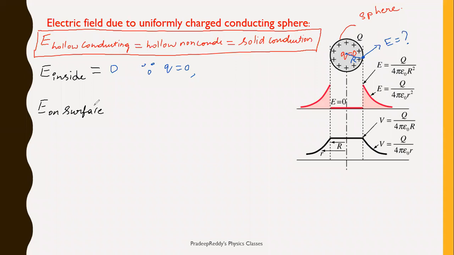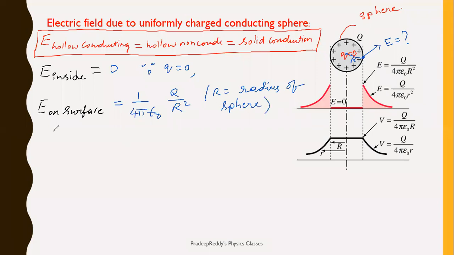Capital Q. Therefore, the equation for electric field is 1 by 4 pi epsilon naught capital Q divided by capital R square, since capital R is equal to the radius of the sphere. Okay, this is on the surface.